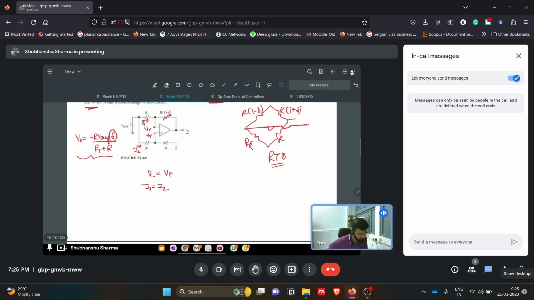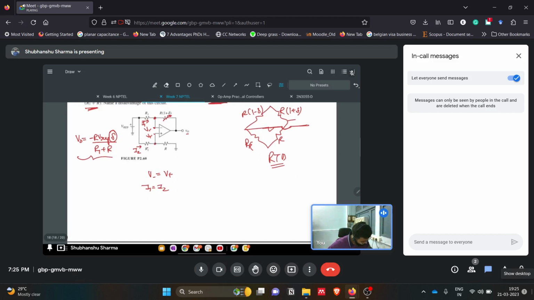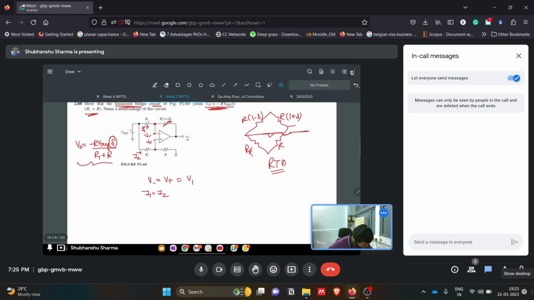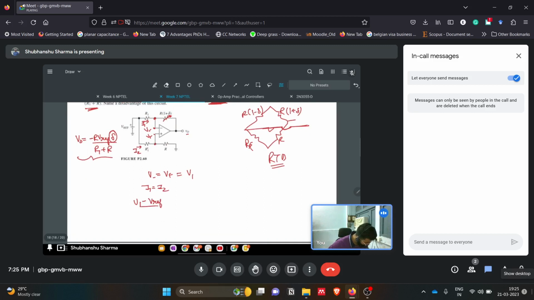If we use KCL at this point, denoting this as V1, it will be V1 minus Vref divided by R1 plus V1 minus V0 divided by R1 plus delta equals 0. I2 is V1 minus Vref by R1 plus V1 by R.